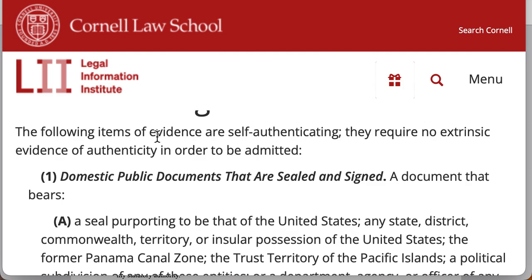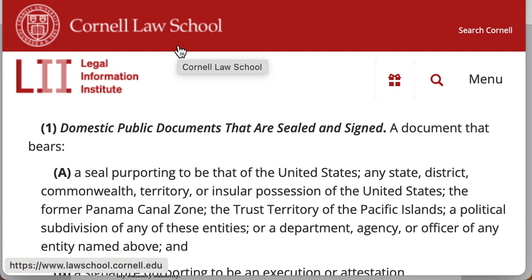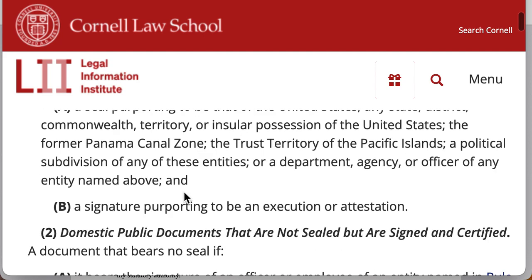They require no extrinsic evidence of authenticity in order to be submitted. Domestic public documents that are sealed and signed. For example, the Notary Certificate of Protest that we just discussed, it's a domestic public document and is sealed by the notary, signed by the notary, and the signature purporting to be an execution or attestation.